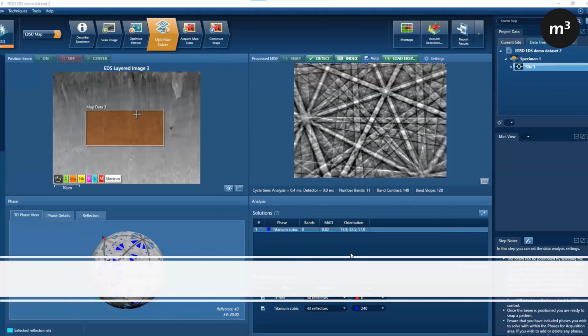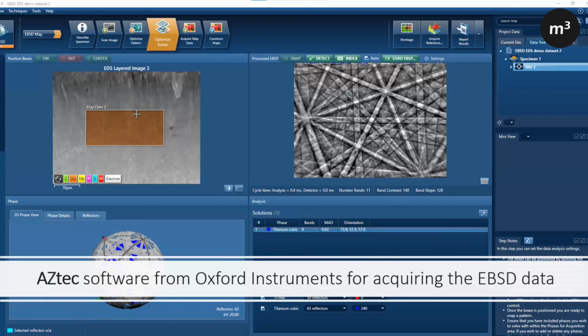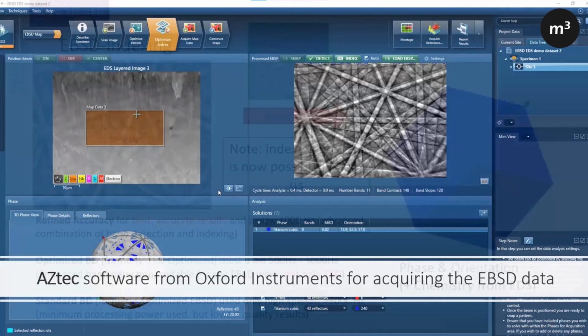So to do the analysis, we have software I'm showing here, because most of our systems are from Oxford Instruments, but there are different commercial softwares for this. This is a screenshot from AZtec to show that once you get an image from the SEM, you can put a point down and gather a pattern, which you can use to solve what phase is in there.